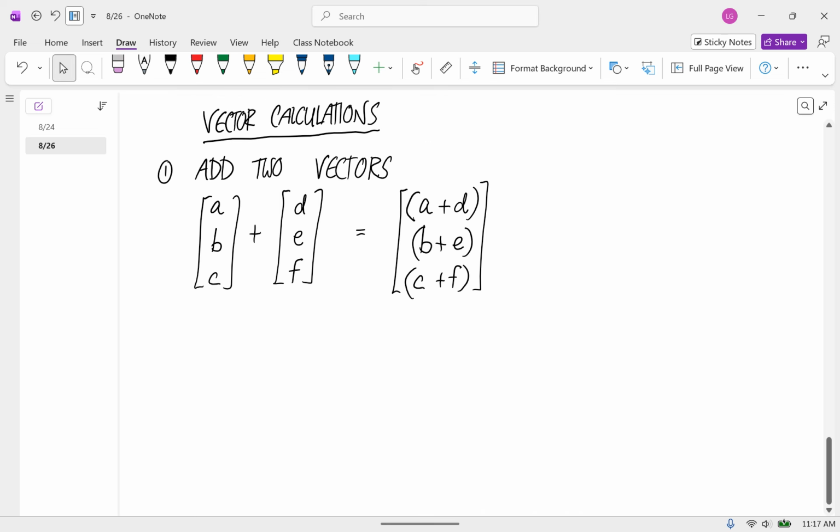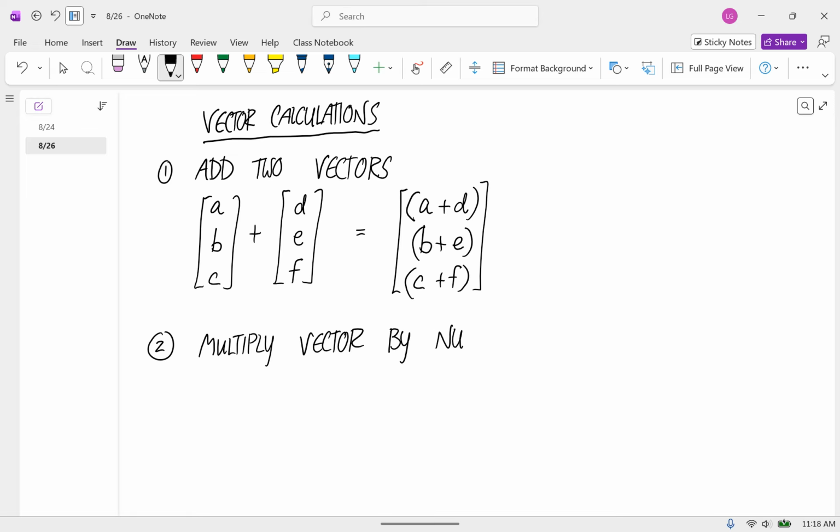Same thing with multiplying a vector by a number. All your calculators will know how to do that. So if you're multiplying a vector by a number, say that the number is D and the vector you're multiplying is A, B, C. The output is D times each one of those components.